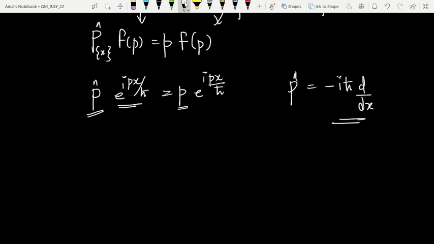Here if we take d by dx, this i, p and h cross comes down, but in order to cancel, I am just multiplying it with minus i, and in order to cancel 1 by h cross, multiplying with h cross. So this is the position representation of momentum operator.